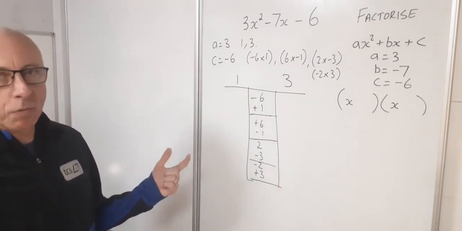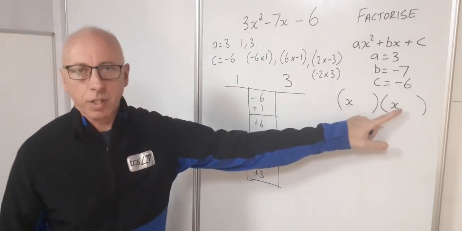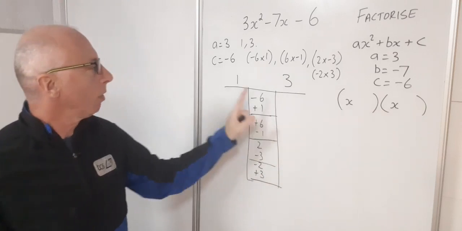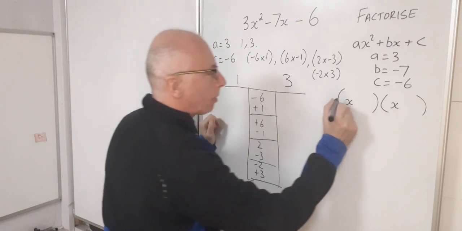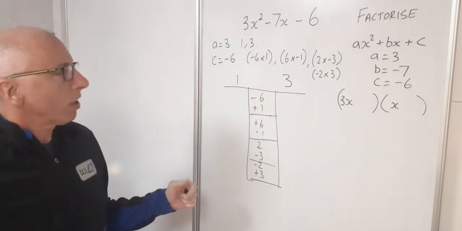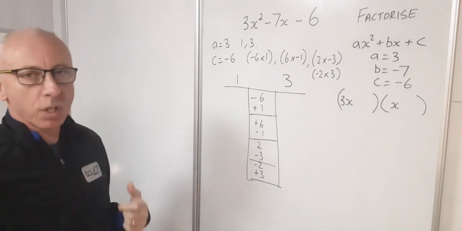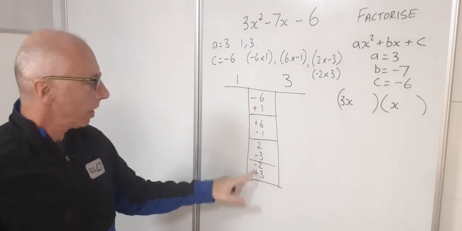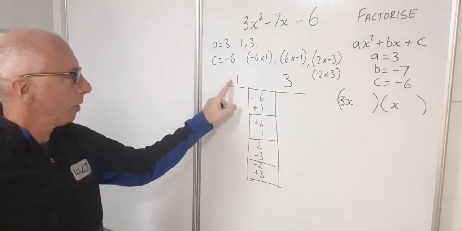So just before we move on to that, I'm going to move on to this bit here, which is going to be our answer. We've got a coefficient of an x here and an x here. Well, we've got 1 and 3. So we'll have maybe a 3 on this side and just the x on that side. And we can see straight away there's going to be a plus and a minus, but we don't know which way it's going to be just yet. So first of all, I'm going to multiply all of these by 1, by this number here.